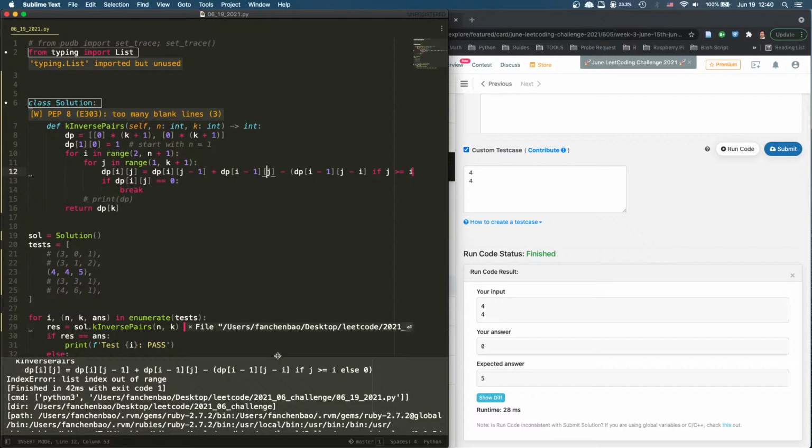Oh, of course, index out of range. Hold on. How do we handle the index? So i is going to start with 2, right? But 2 is going to be 1, right? Ooh, how does that one work?